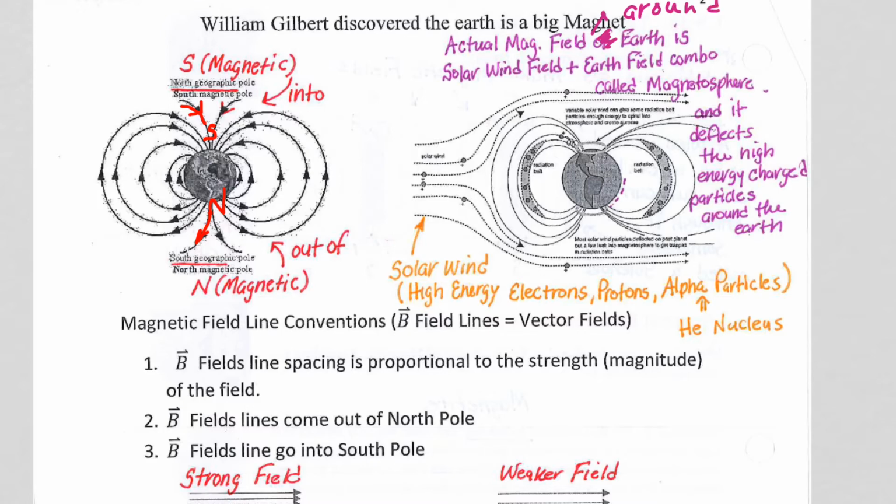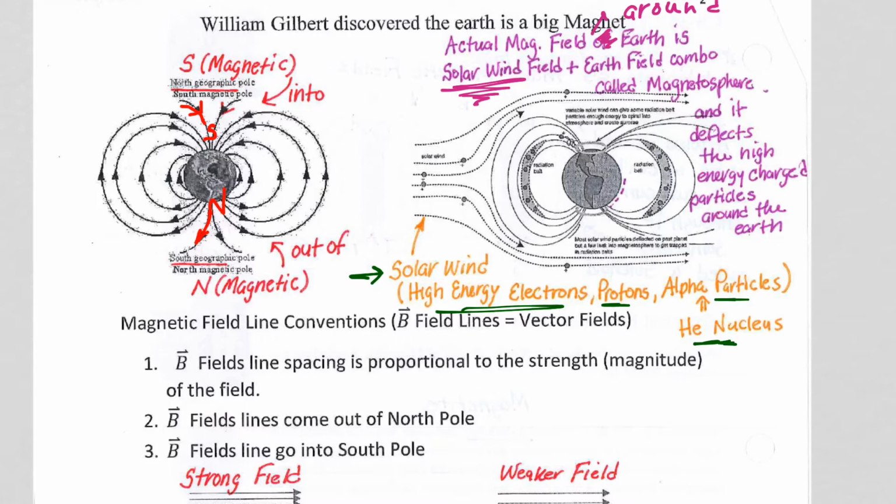the Earth is a combined effect of the moving charges from the solar wind. And what is the solar wind? Well, the solar wind is these moving Qs, right? So it's still moving charges, but high energy electrons, protons, alpha particles, which are helium nuclei, helium stripped of the electrons, streaming in from the sun.